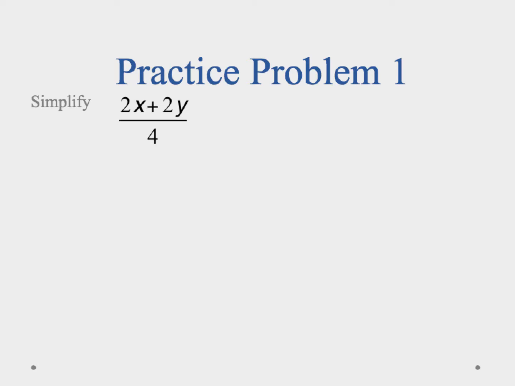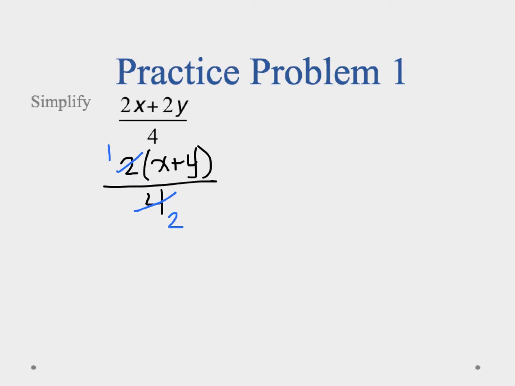Simplify 2x plus 2y divided by 4. Okay, so first look at the numerator. I can factor out a 2, and I'm left with x plus y, divided by 4. Now 2 divided by 4: 2 goes into 2, and 2 goes into 4 2 times.